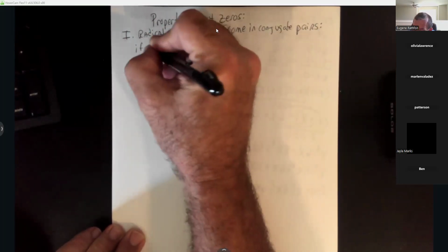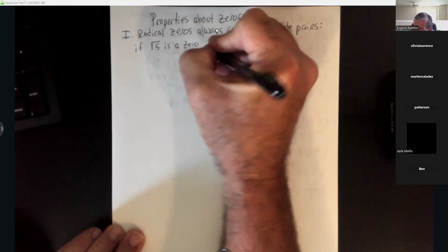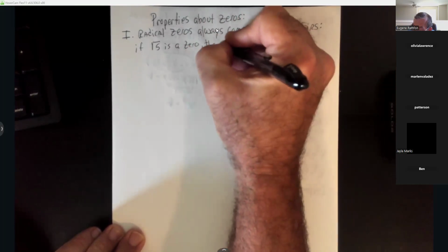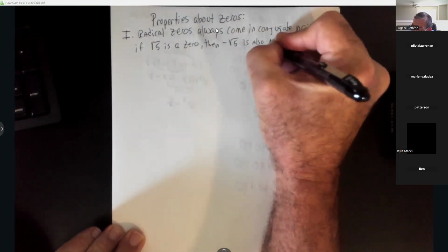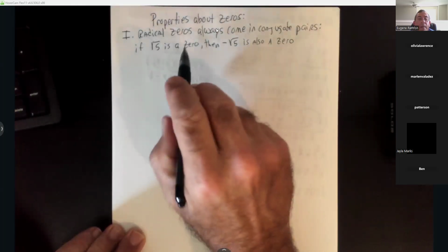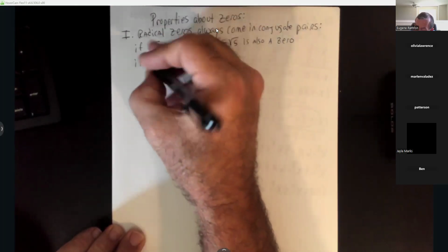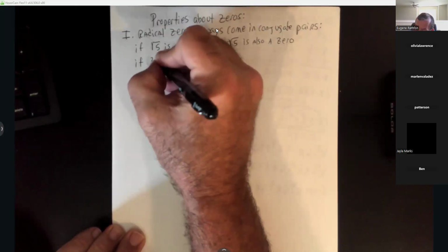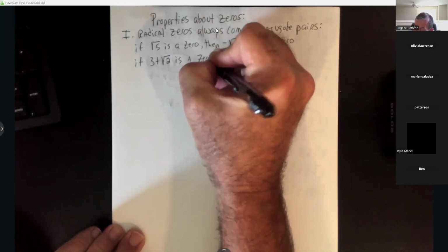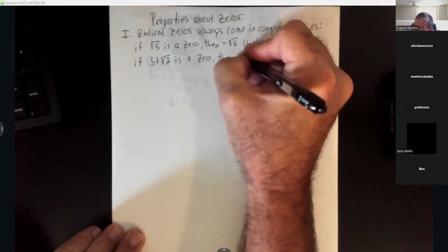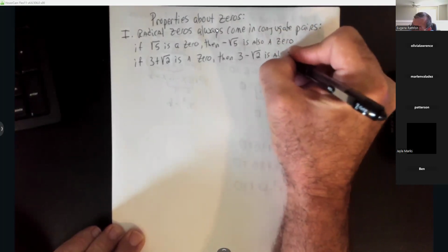That means if a square root of 5 is a zero, then negative square root of 5 is also a zero. Okay, so square root of 5, negative square root of 5. If they were written like this, if 3 plus square root of 2 is a zero, then 3 minus square root of 2 is also a zero.